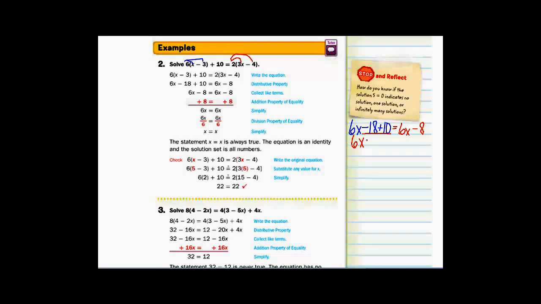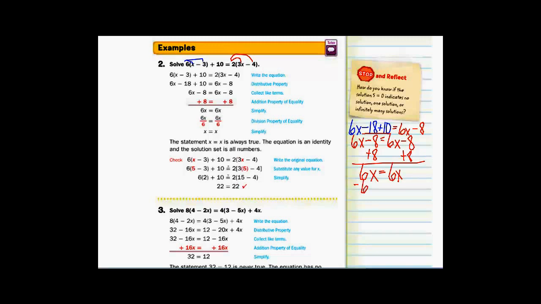Negative 18 plus 10, go ahead and combine those, you get negative 8 equals 6x minus 8. Now again, something should pop out at you right here. Both sides are exactly the same. So that's going to be an identity, but let's go ahead and work it out just to show you. If I add 8 to both sides, I get 6x equals 6x.